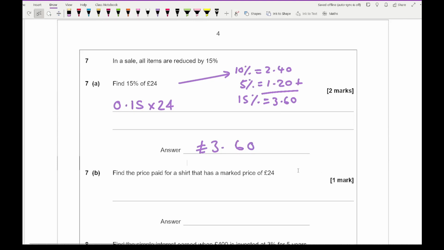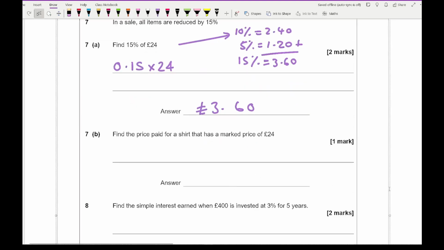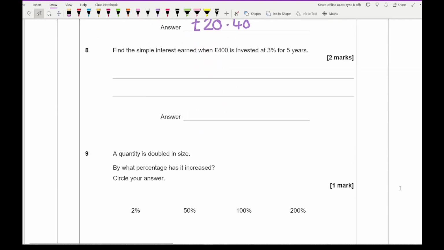Then moving on to 7b, it says find the price of the shirt marked £24. So we're getting £3.60 discount, so it's going to be 24 minus 3.60, which gives me an answer of £20.40. Moving on to question 8, it says find the simple interest earned when £400 is invested at 3% for 5 years. So 3% of 400.